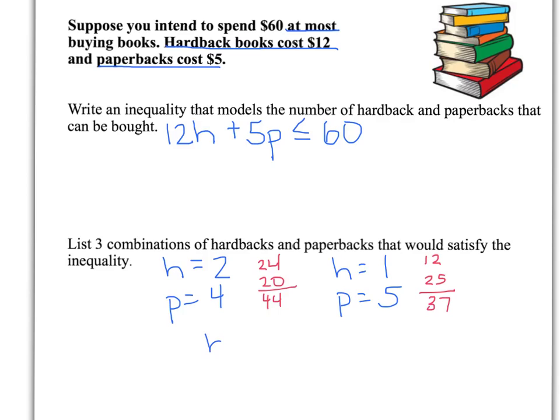Let's say I got 3 hardbacks and 2 paperbacks. So 3 hardbacks would be $36, and the paperbacks would cost $10. So I'd be spending $46. All of these combinations would be less than $60. So all of these combinations would work in this inequality.